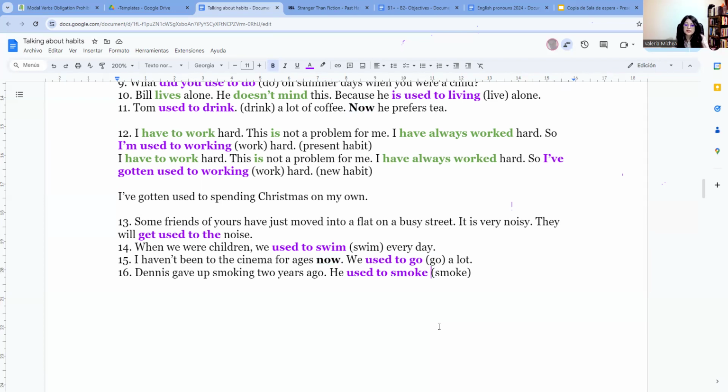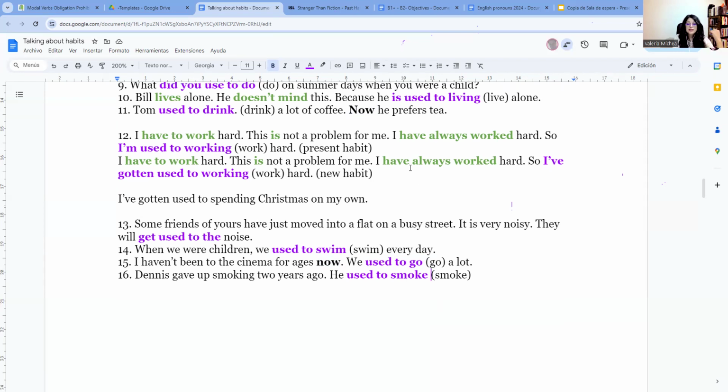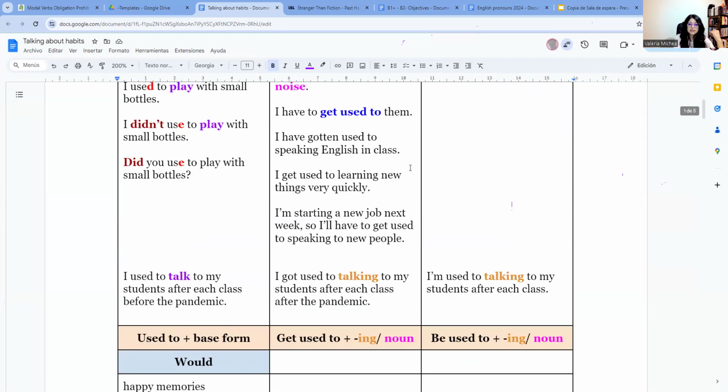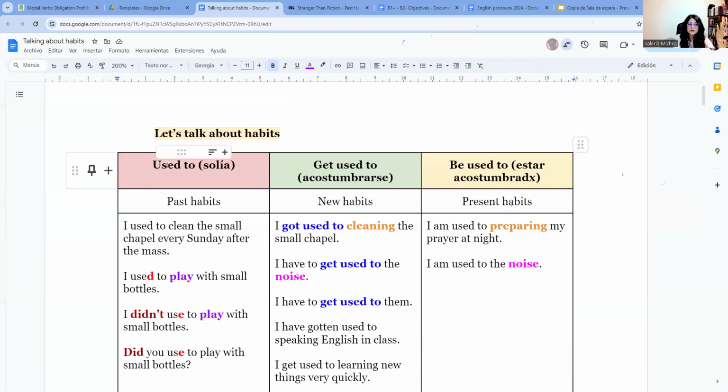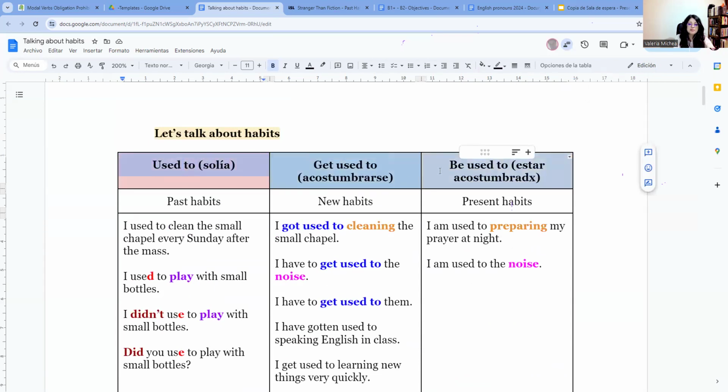All right, so again, you need to be very clear about how to use all of them. Don't mix them up, please. Used to, when you're talking about past habits, doesn't have the word get, doesn't have the verb to be. It's just used to. When you are using the expression get used to for new habits, it's just get used to. So don't mix it with the verb to be.